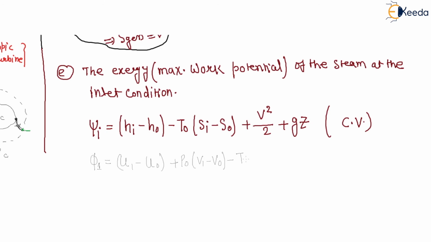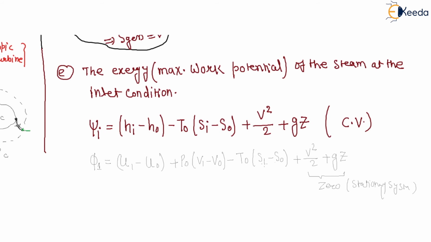Minus T0 (S1 minus S0) plus V squared by 2 plus gZ. Right? Okay. So this is your non-flowing. But in general, for a non-flowing, stationary system, this is 0.